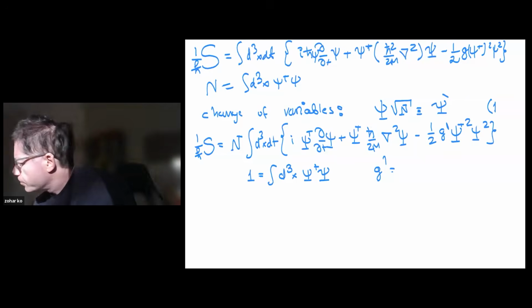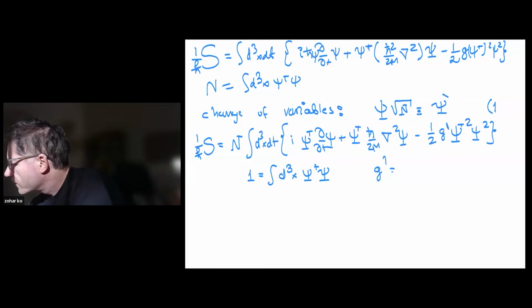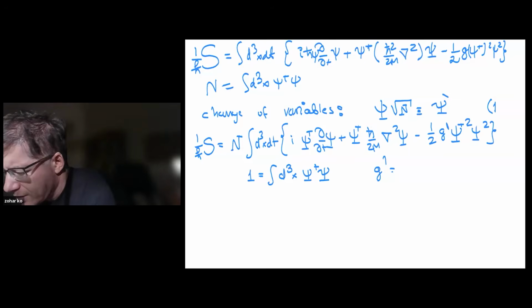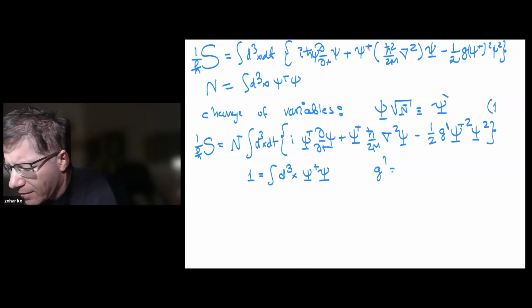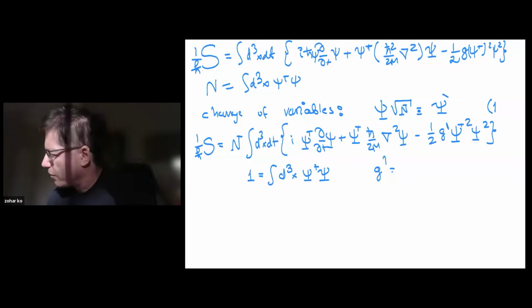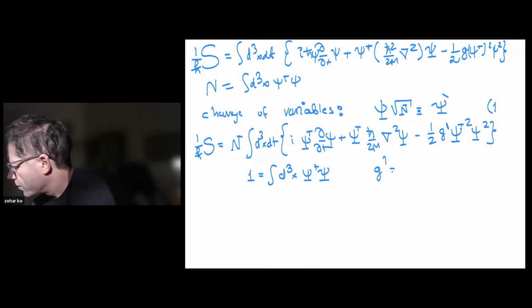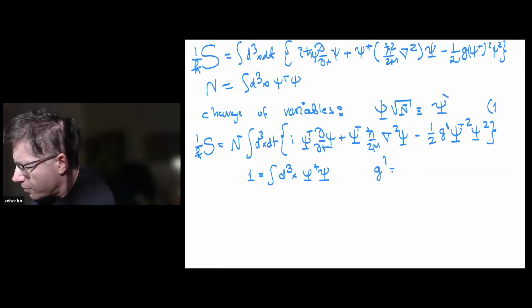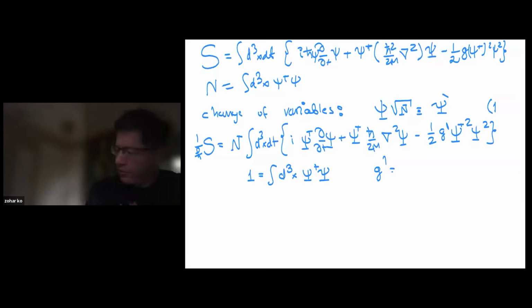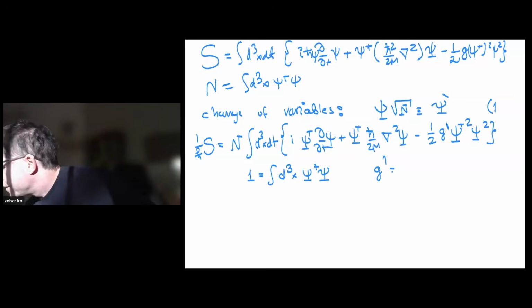I'm going to fix the previous equation, which nobody told me was wrong. There is no h bar here because I already had h bar in the kinetic term. Just a second. I'll fix the equations. And now this equation is correct. Now everything is supposed to be correct, I believe.